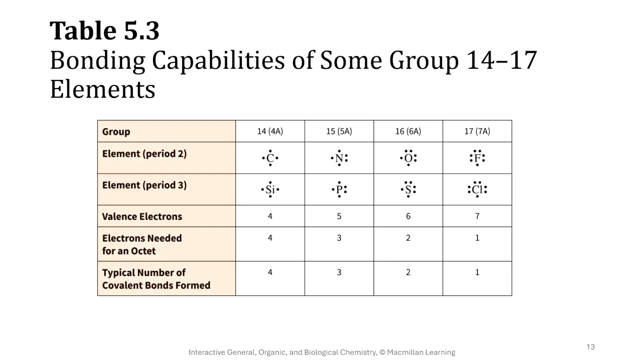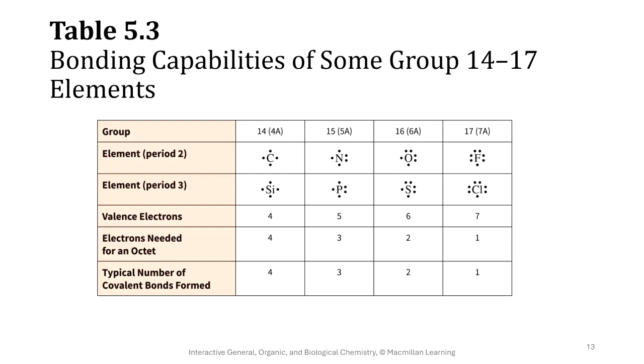So here's a quick summary of the carbon through fluorine bonding characteristics. Let's look at each one. We're just going to focus on the first row of this table and the third, fourth, and fifth rows, and then we'll think about that other row in a second. For the elements in period 2, we have carbon, nitrogen, oxygen, and fluorine.